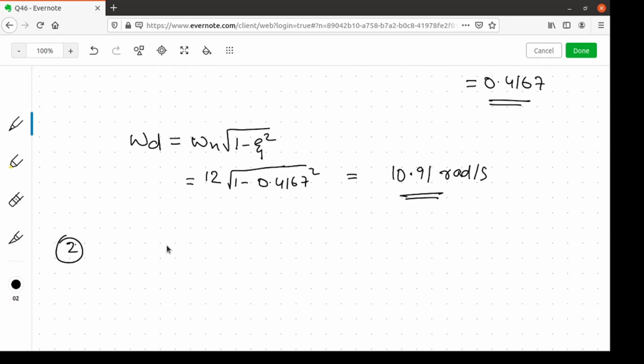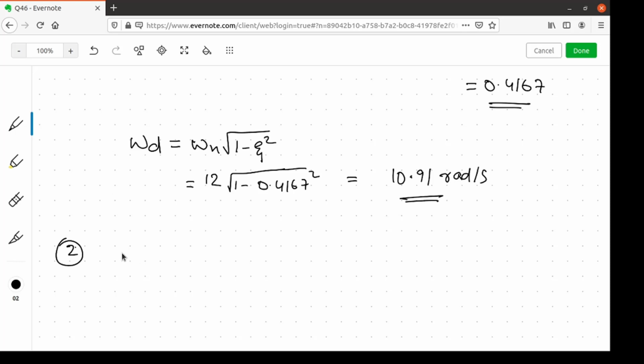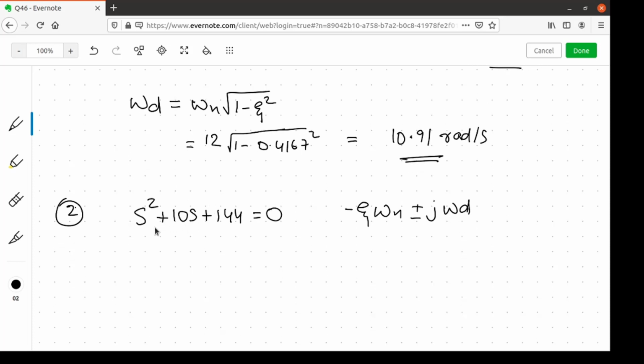In the second way, the characteristic equation of the system is s square plus 10s plus 144 equals 0. So now this is a quadratic equation with two roots. We know that the roots of this equation are minus zeta omega n plus or minus j omega d. So now if you solve this quadratic equation, you can find omega d as its imaginary part.